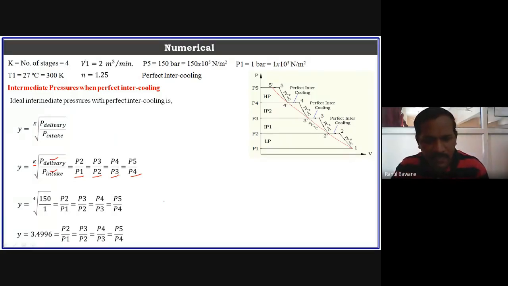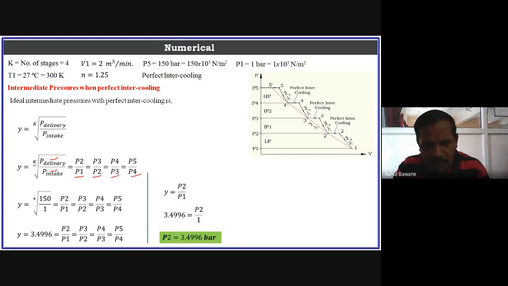One by one: first stage, this value is equal to P2 upon P1. P2 I don't know, but P1 is 1, so P2 is 3.4996. P1 is 1, and after compression it becomes 3.4996.